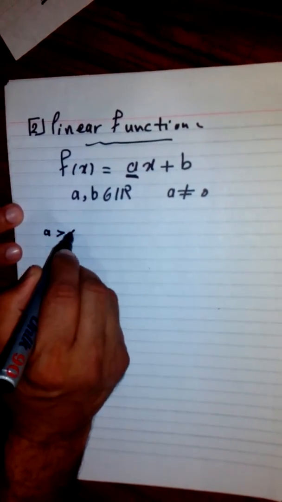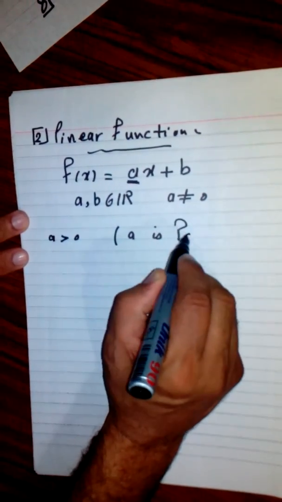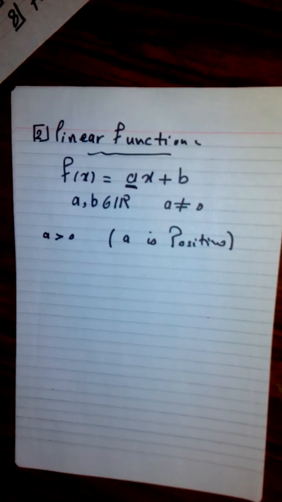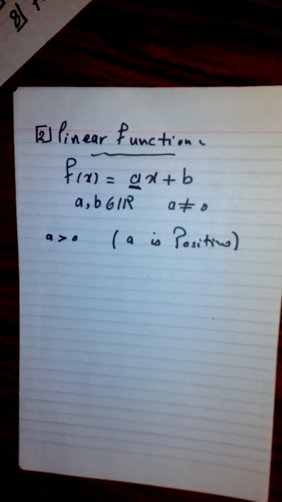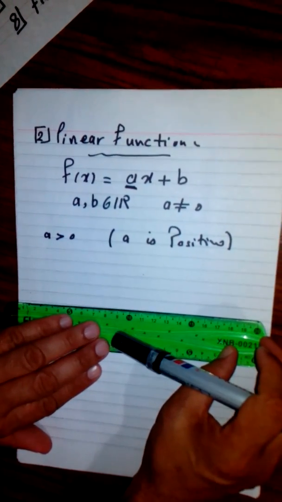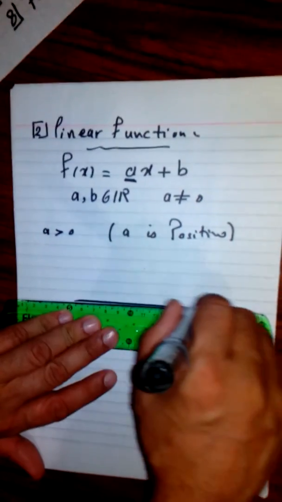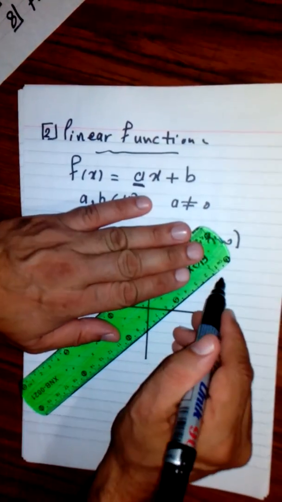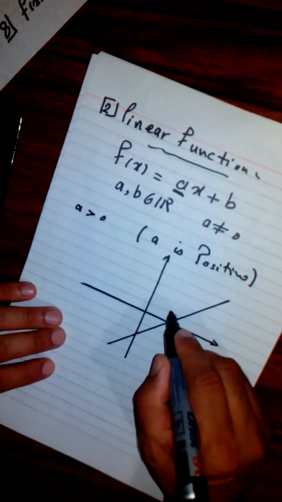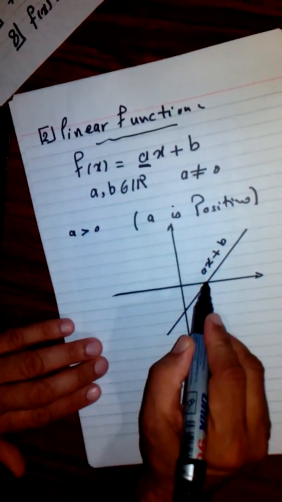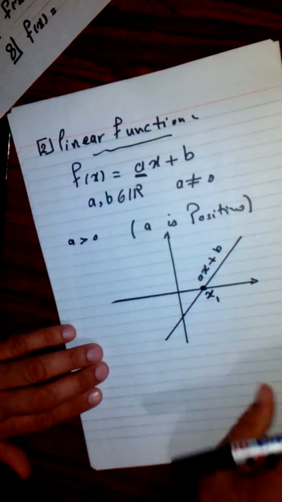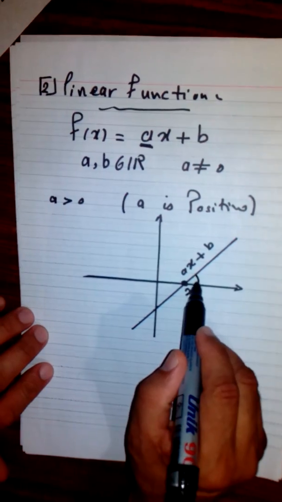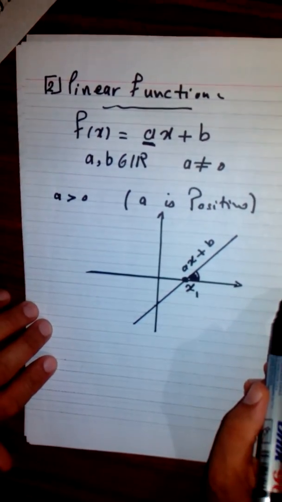If a is greater than 0, meaning a is positive, ax plus b can be represented as a straight line that makes an acute angle with the x-axis. x1 is the point of intersection with the x-axis, and the line makes an acute angle with the positive direction of the x-axis.